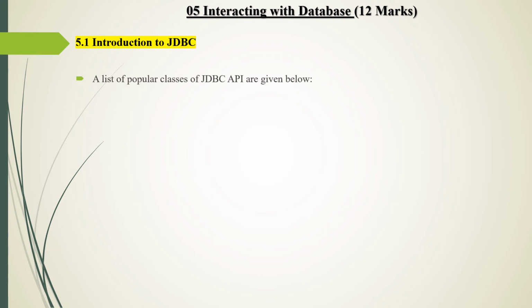And the popular classes of JDBC are DriverManager class, Blob class, Clob class, and Types class. Okay, so these are the various classes. We will see these classes and interfaces briefly in the chapter. When we write some programs, at that time we will clearly understand the use of interfaces and classes.